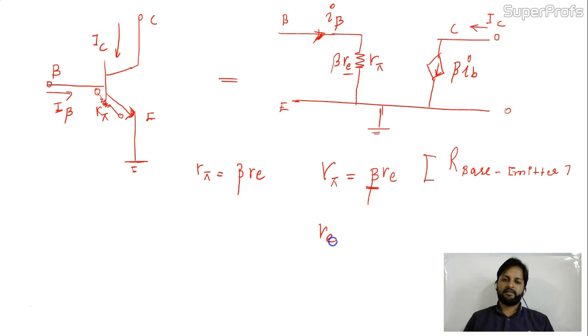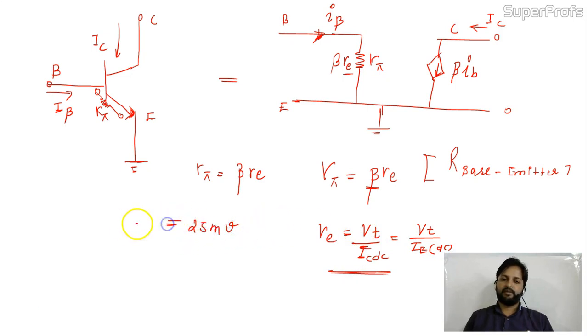RE is VT divided by IC/DC, or VT divided by IE/DC, where VT is 25 millivolt at room temperature. VT is the thermal equivalent voltage, right? In semiconductors, VT is 25 millivolt.